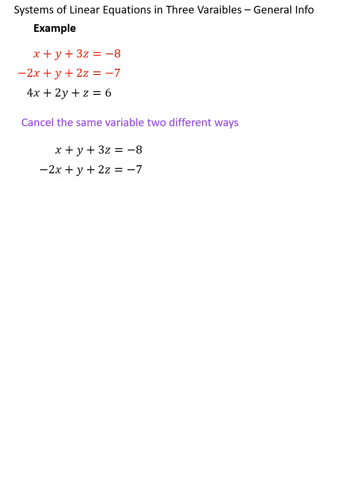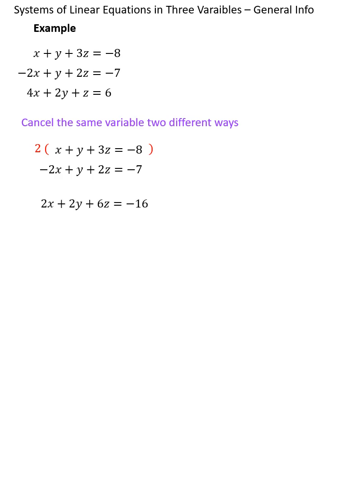I'm going to use the x in the first equation to cancel out the x in the second equation. So in order to do that, I'm going to multiply this top equation by 2. You might be wondering, why did he choose the number 2? Well, watch and you'll see why that was such a great choice.